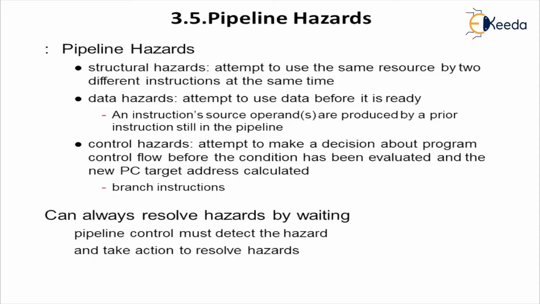Then you have the control hazard. In the case of a control hazard, you're attempting to make a decision about program control flow before the condition has been evaluated and the new target address has been calculated. For example, a branch instruction. In such cases, you should remember that you are executing the control unit. The control unit is a combination of the ALU and the different buses and different registers which are interconnected with each other.